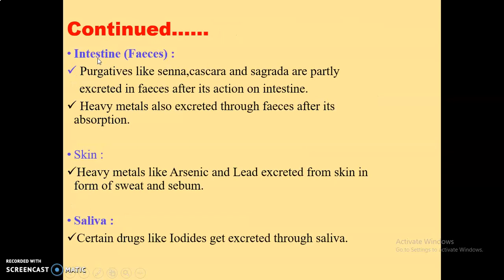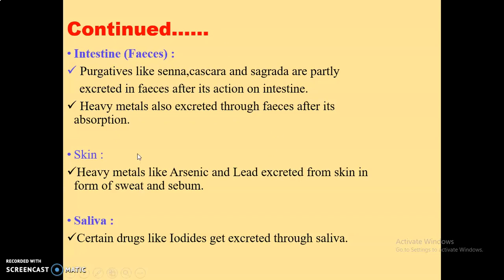Next channel of excretion is the intestine. Here, drugs are excreted from the intestine in the form of feces. For example, purgatives like senna and cascara sagrada are excreted by the intestine in the form of feces. Also, heavy metals get excreted through the feces after their absorption.